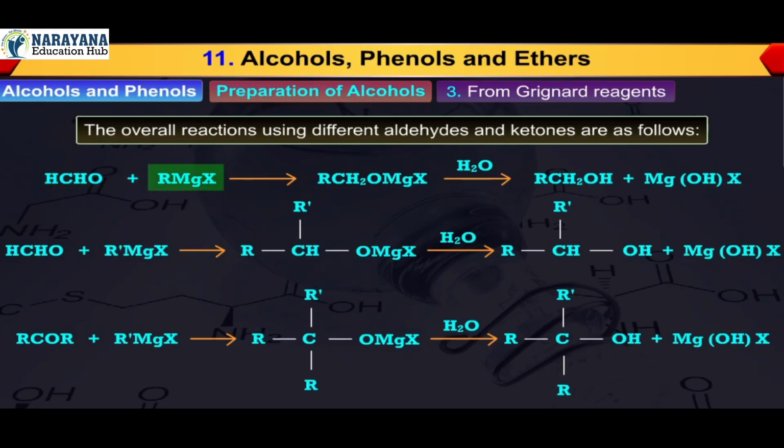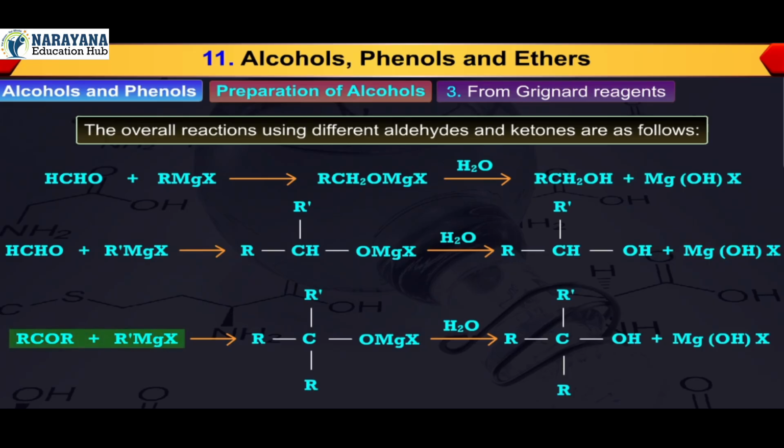HCHO plus RMgX gives RCH2OMgX, which in the presence of H2O gives RCH2OH plus Mg(OH)X. RCHO plus R'MgX gives RCHR'OMgX, which in the presence of H2O gives RCHR'OH plus Mg(OH)X.